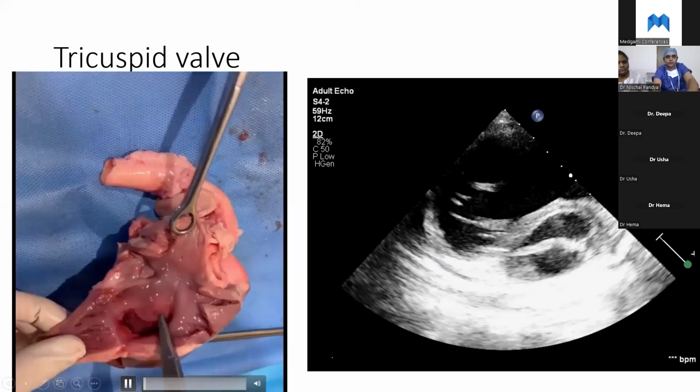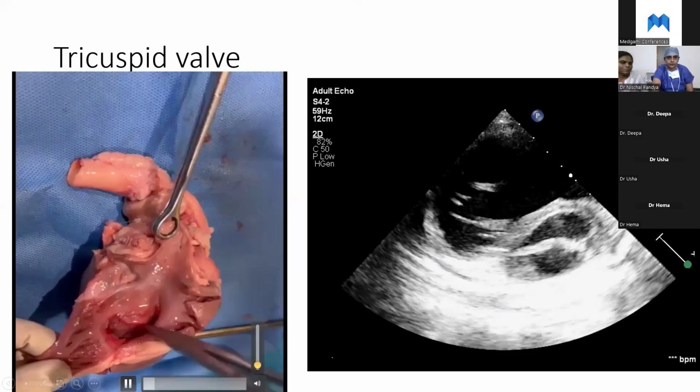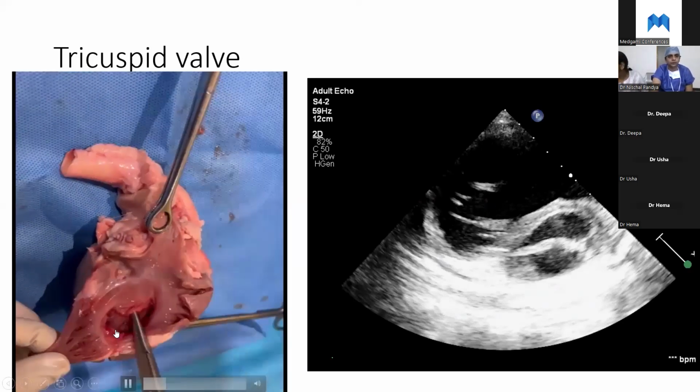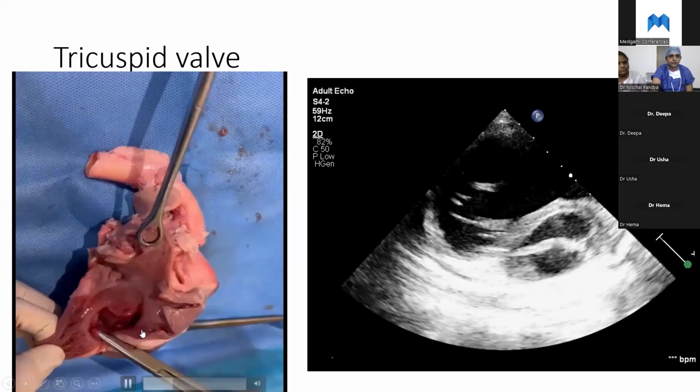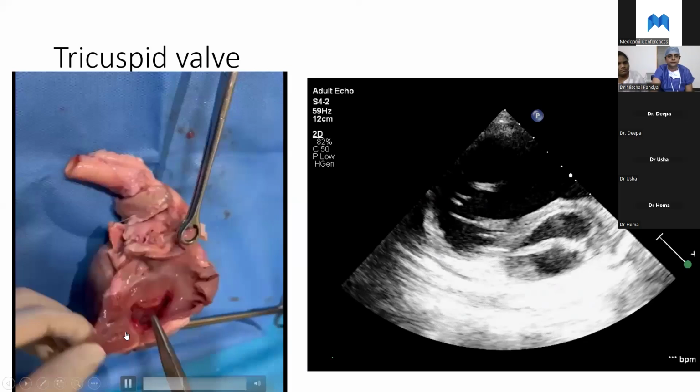This is the septal leaflet of the tricuspid. So coming to the tricuspid valve, the inflow region, we see the septal leaflet, the anterior leaflet, the posterior leaflet there.